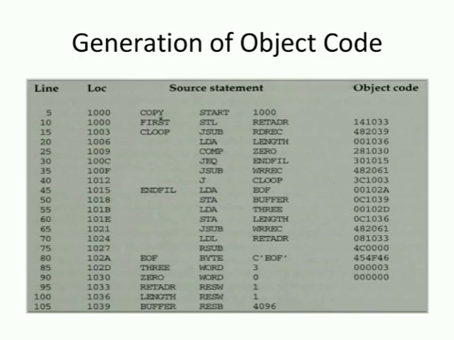As you can see in the code snippet, at line number 10, we need to find the object code. As you know, the instruction format for the SIC machine is: the first 8 bits are for the opcode, the next 1 bit is for X, which indicates whether it is indexed addressing, and the next 15 bits are for the address.